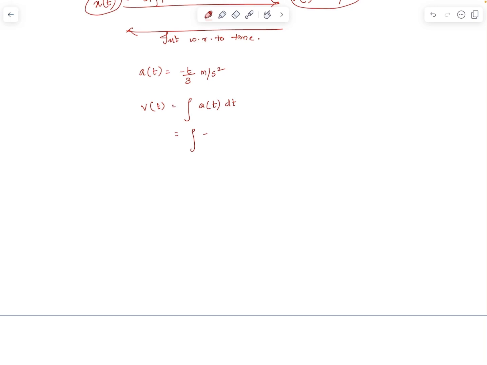That is integral minus t by 3 dt, which gives us minus 1 by 3 integral t dt. Integrating t, we get minus 1 by 3 times t square by 2 plus c, where c is an arbitrary constant. So v of t is equal to minus t square by 6 plus c. This is the general solution.